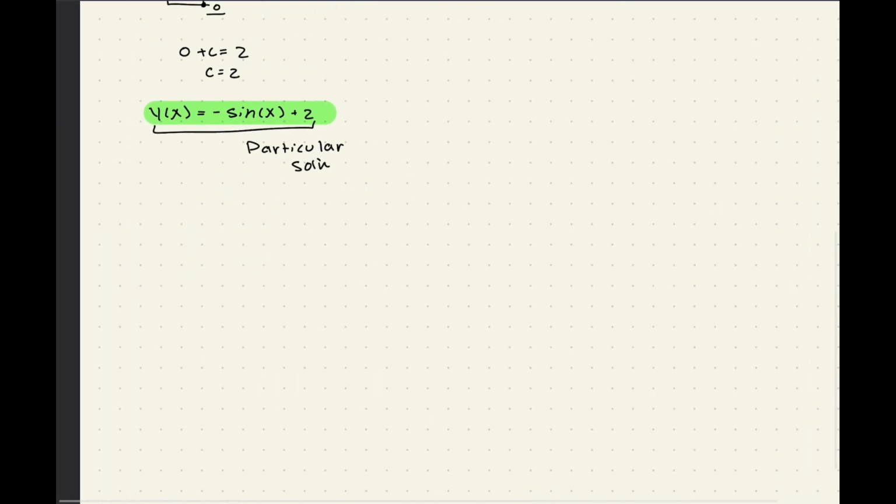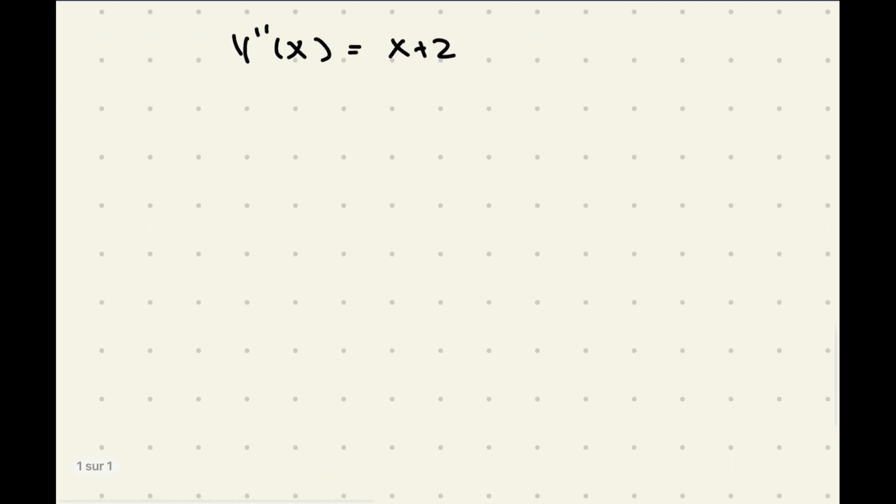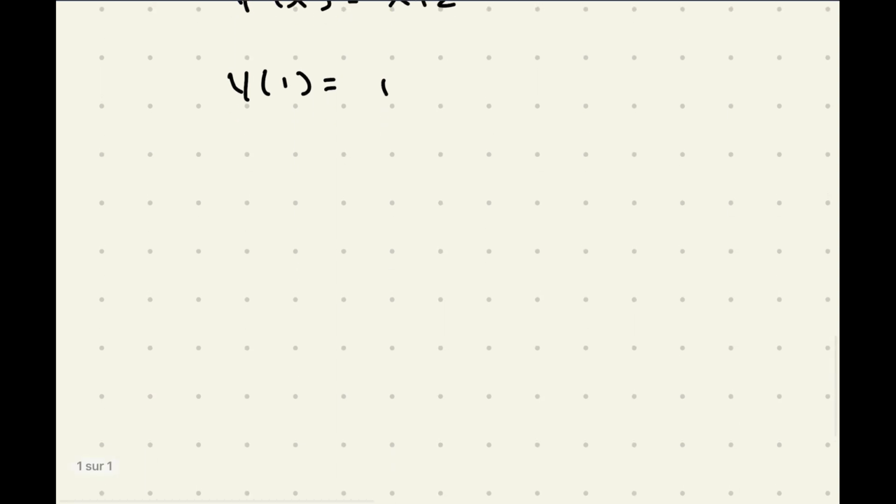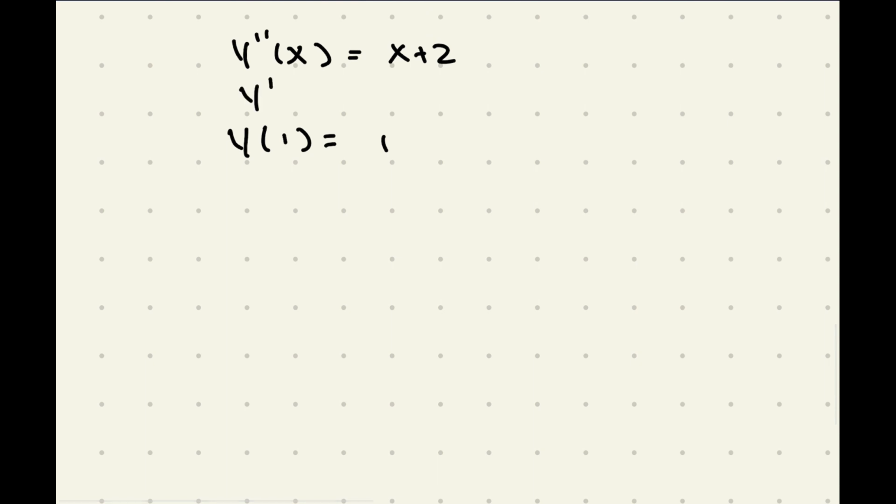Now, for example 2, we are given a bit of a more complex problem. So we have y double prime of x equals x plus 2. Y prime, when you plug in a 1, equals 0. And finally, I could just write y of 1 equals 1.